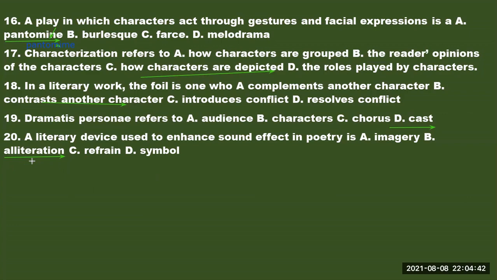And so that is alliteration. And alliteration is used to enhance sound effect in poetry. So that is obviously correct. Now, a refrain is a repetition, but not necessarily of certain sounds in poetry.